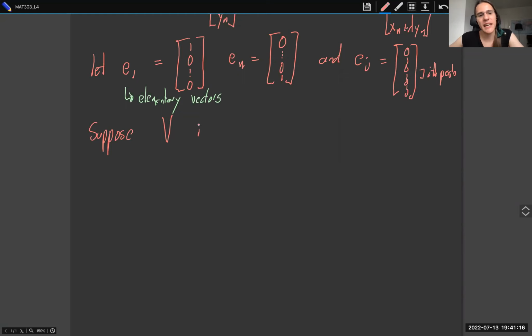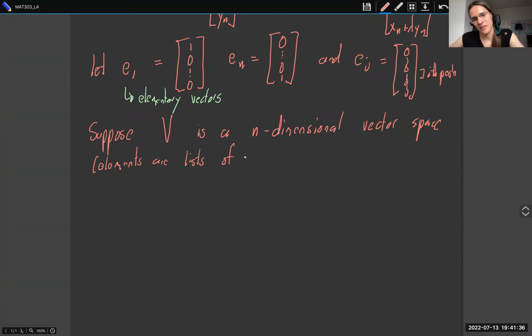Now, suppose V is an n-dimensional vector space, so elements are given by lists of n numbers. And then I'm going to suppose that d is a function from V^n into the real numbers.